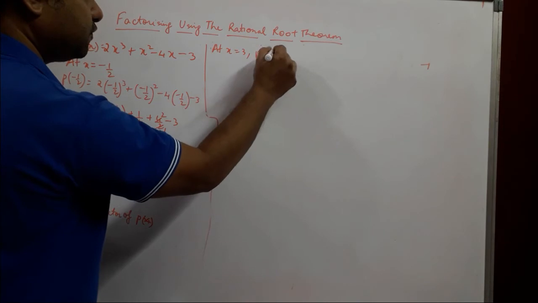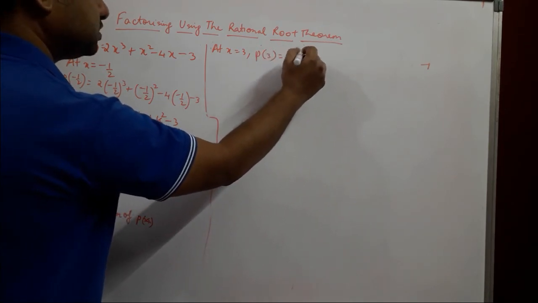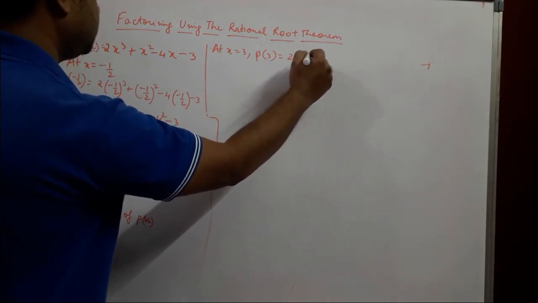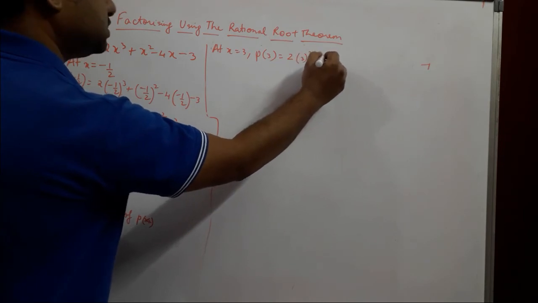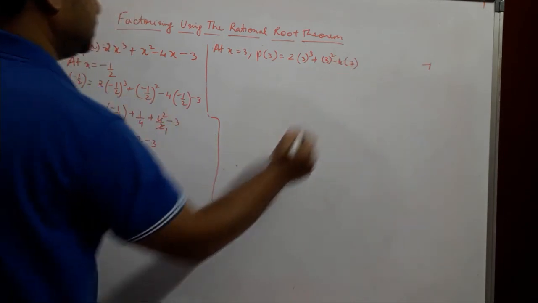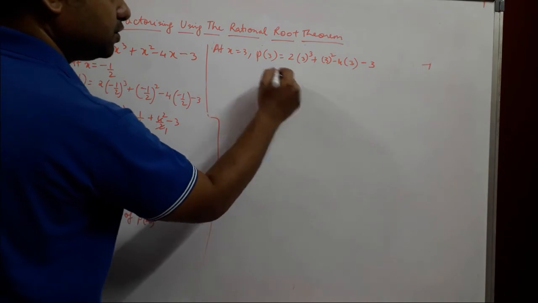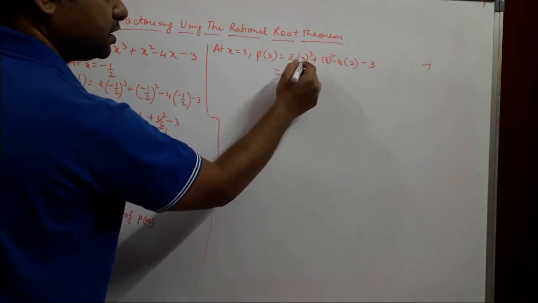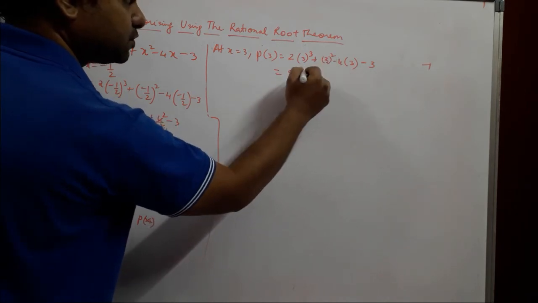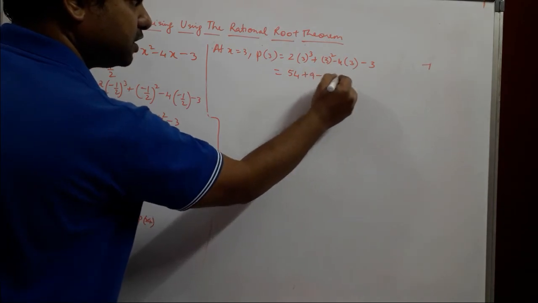So P of 3 equal to 2 into 3 whole cube plus 3 whole square minus 4 into 3 minus 3. See, what do we get? 3 whole cube is 27. 27 into 2 is 54. 3 whole square is 9. Minus 4 into 3 gives us minus 12 and minus 3.